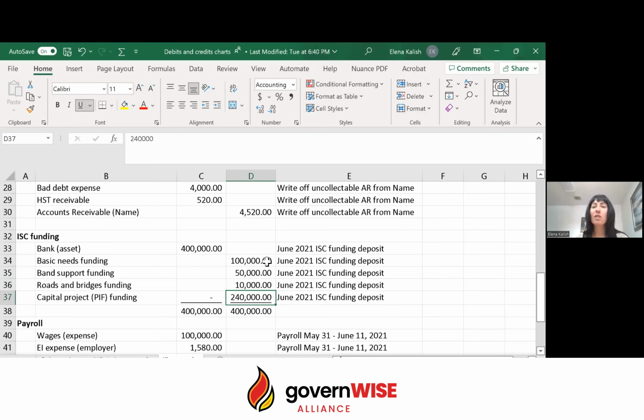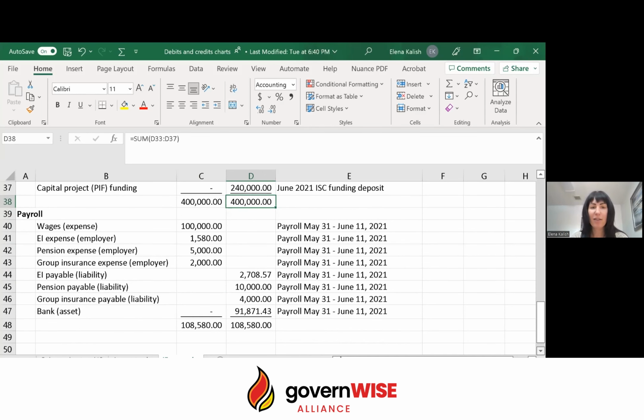And then it's coming in directly to our bank account. And bank is naturally an asset, naturally in a debit position, right? So credit all these revenue accounts and debit the bank account. You can see here that there is more than one line on the credit side. Again, this is normal, not an issue at all for as long as my total debits agree with my total credits.